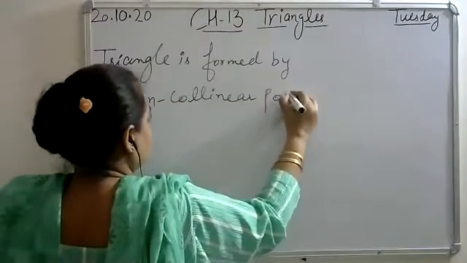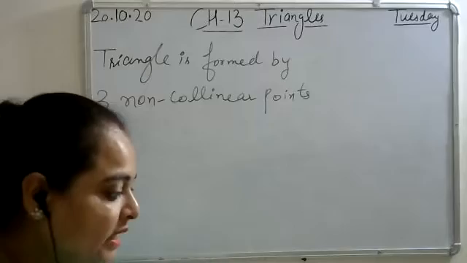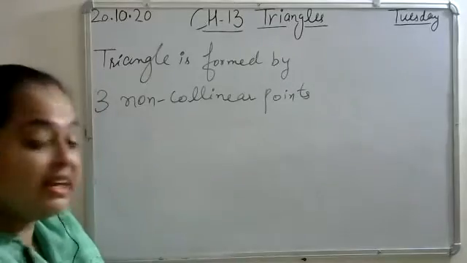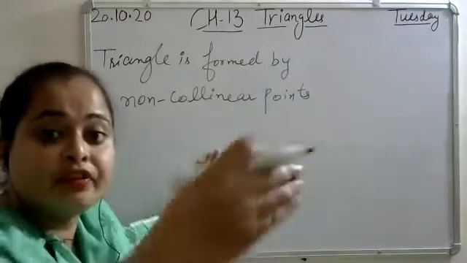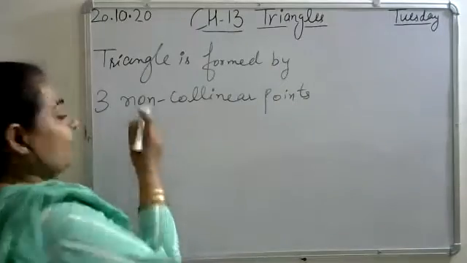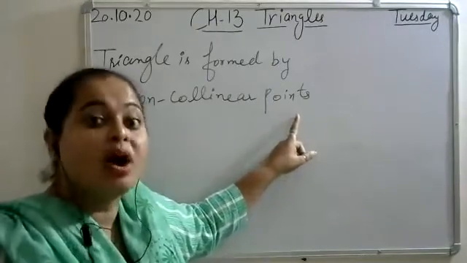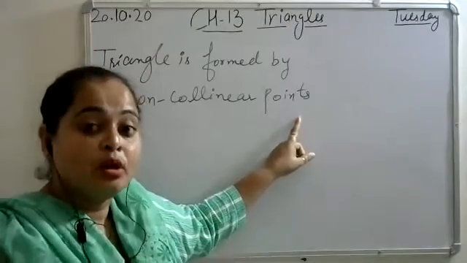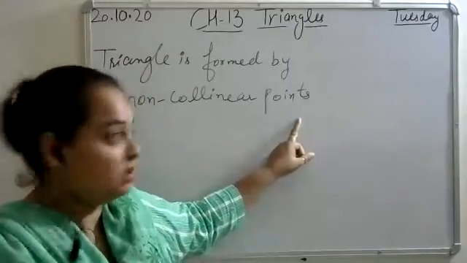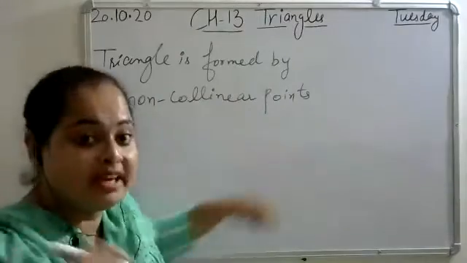Non-collinear points are those points which are at different positions. Keep in your mind the meaning of non-collinear points: points that are at different positions. And a triangle is formed by 3 non-collinear points.